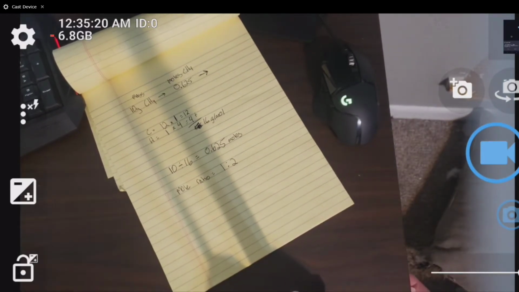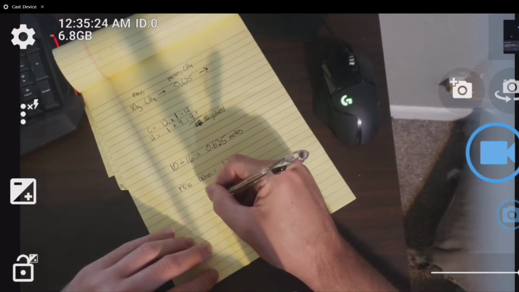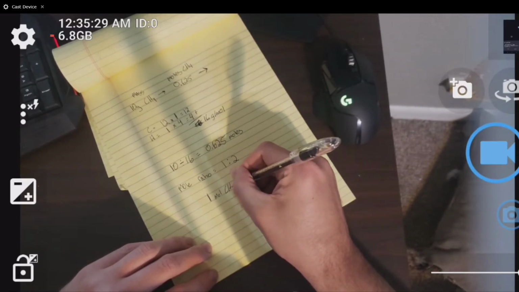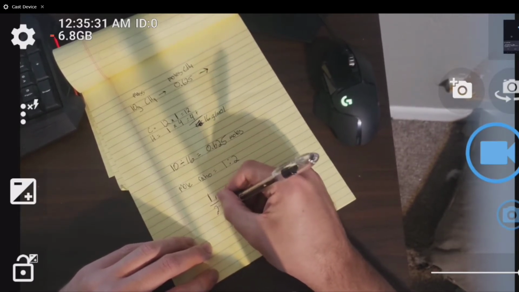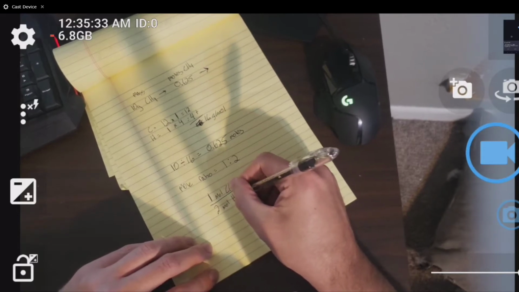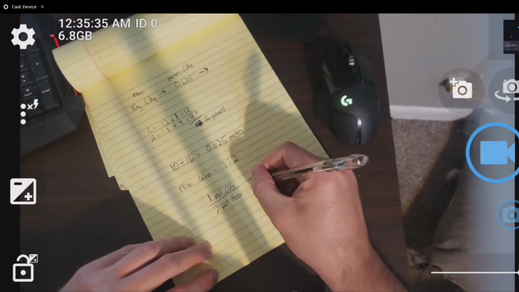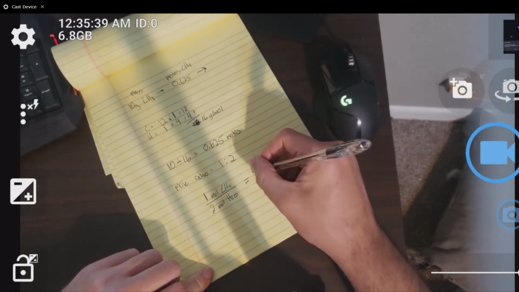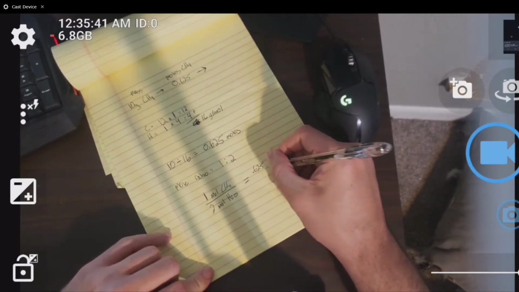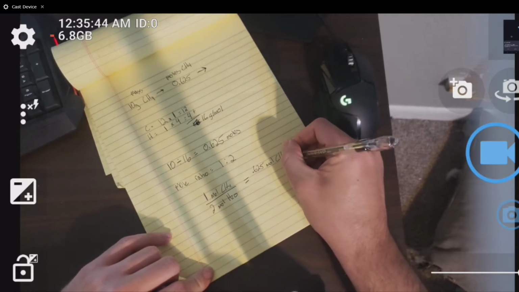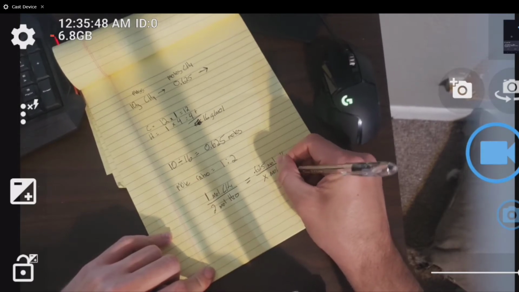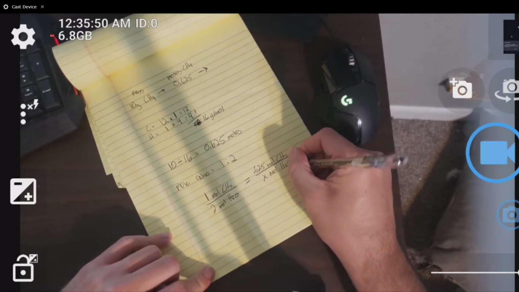What we can do with that is set up a proportion. We can say we have 1 mole of CH4 over 2 moles of H2O, and that's going to be equal to this number we just found, our 0.625 moles of CH4 over some unknown number of moles of H2O.